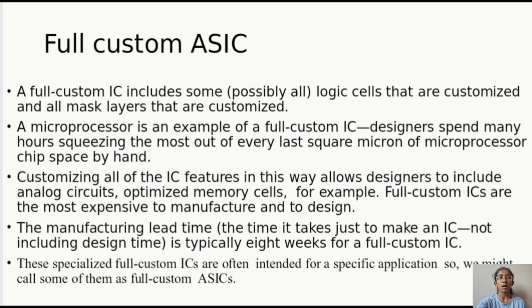Full custom ICs are the most expensive to manufacture and take time to design. The manufacturing lead time is the time it takes just to make an IC, not including design time. It is typically 8 weeks for a full custom IC, only to make the IC, not the design time. These specialized full custom ICs are often intended for specific applications.